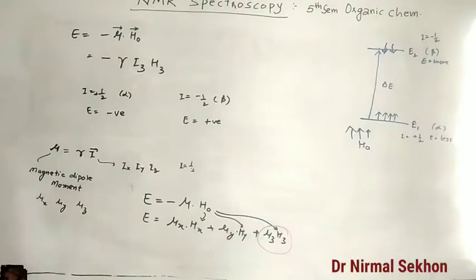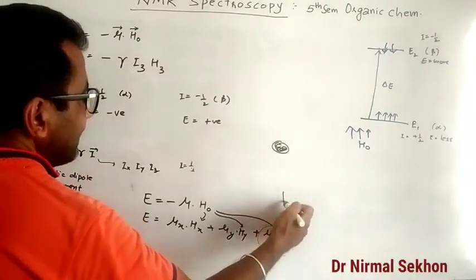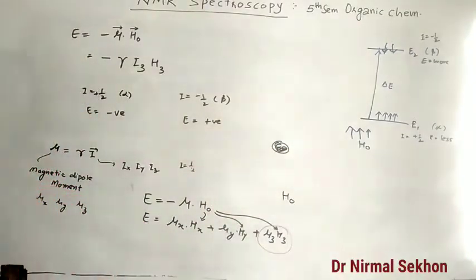So this is the main point in terms of the three dimensions, from where the external magnetic field comes. Again I am repeating this: we have a nucleus, and we apply H naught from any direction, from the x-axis, y-axis or z-axis. Suppose we apply the external magnetic field along the z-axis.